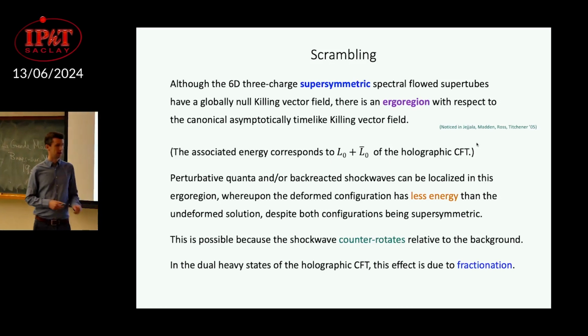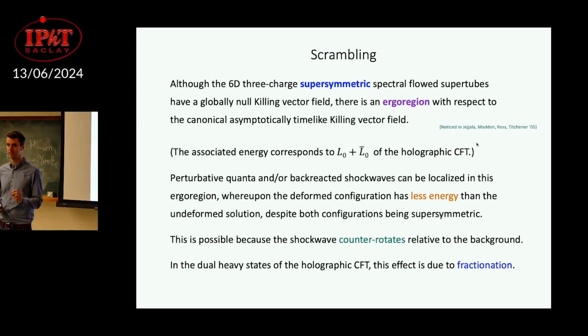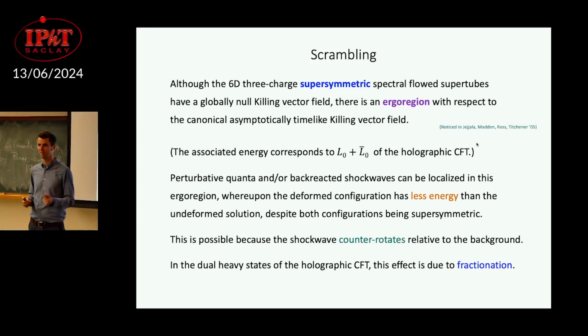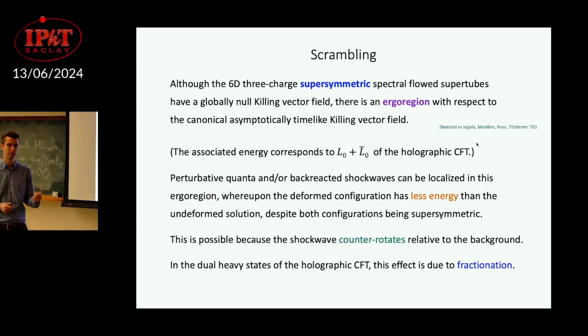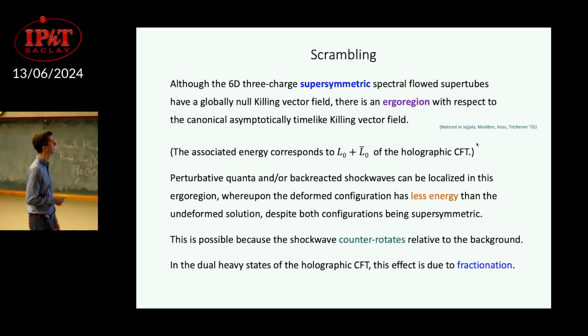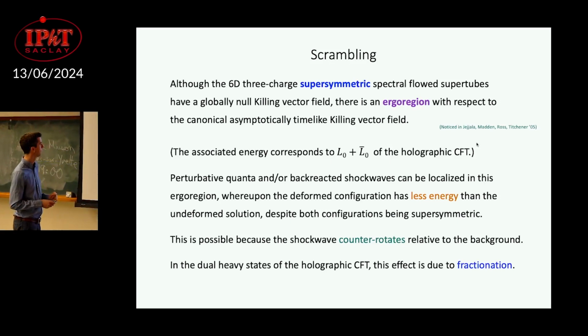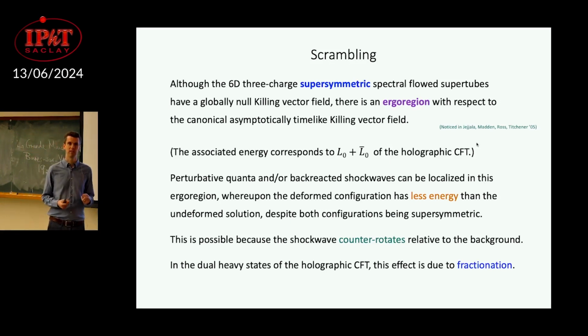And so that means that there are perturbative excitations in the ergo region that cost negative energy as seen from infinity. They reduce the overall energy of the bound state, but in a BPS, supersymmetric way. And that's possible because the particle or the shock wave is resisting the rotation in the background.